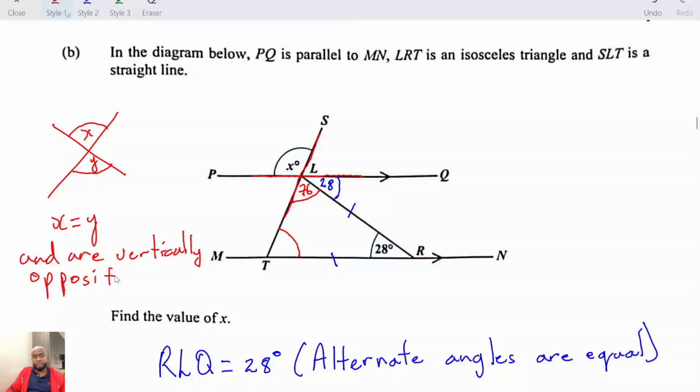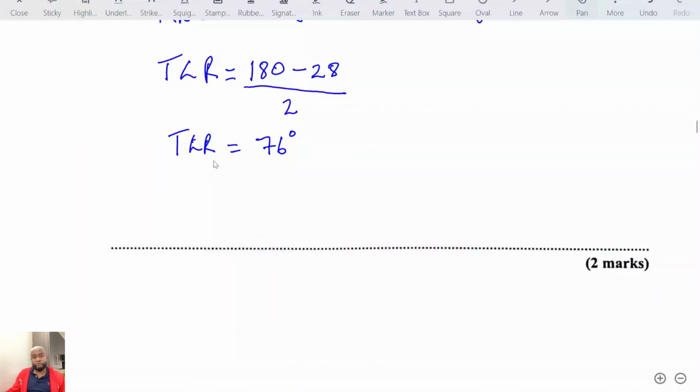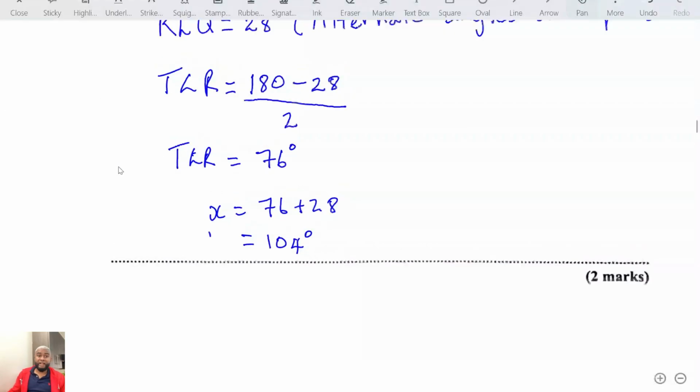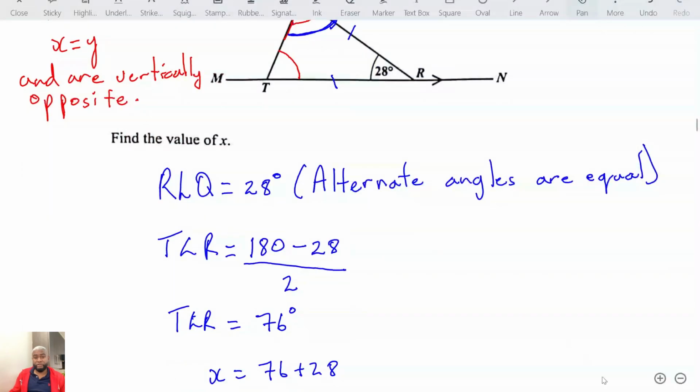So X is equal to 76 plus 28, which will be this whole angle here. I'll continue the 28 coming here. 28 plus 76 gives the full angle, which is the same as X. So X would be equal to 76 plus 28, which gives 104 degrees. That's the value of X. I need you all to write it down.